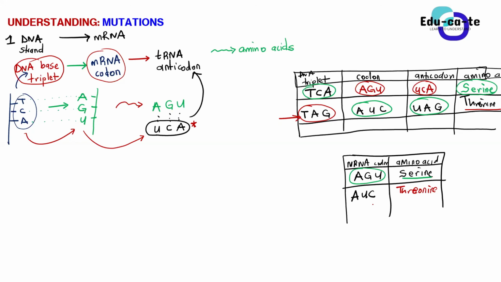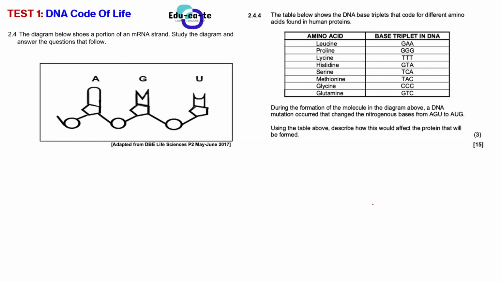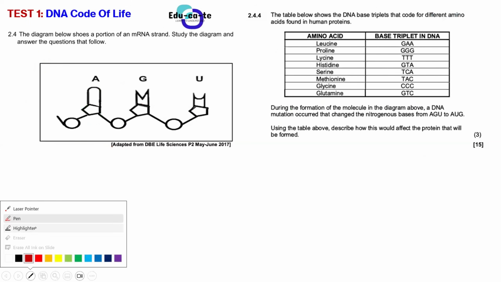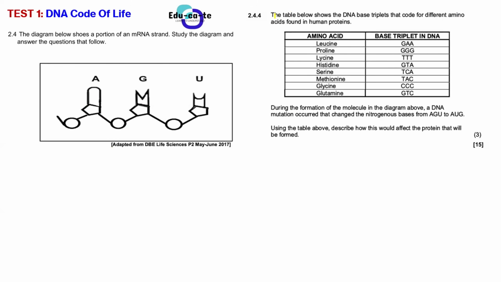Let's get back to this one. When you look at this table, let's read it carefully. The question says, the table below shows the DNA-based triplets that code for different amino acids. So do you see that in this table you are not given the codon, you are not given the anticodon?